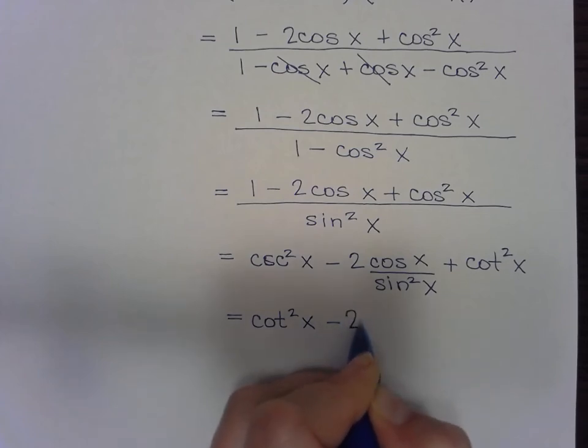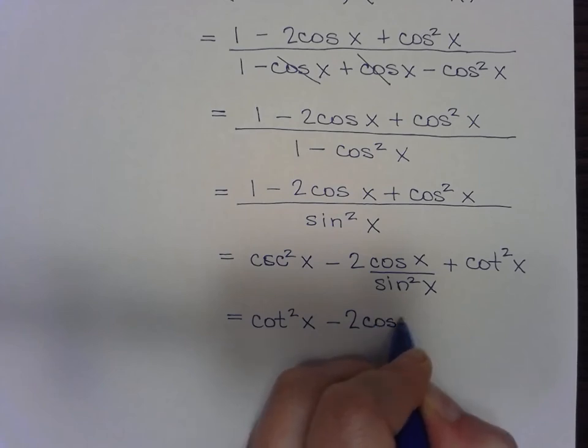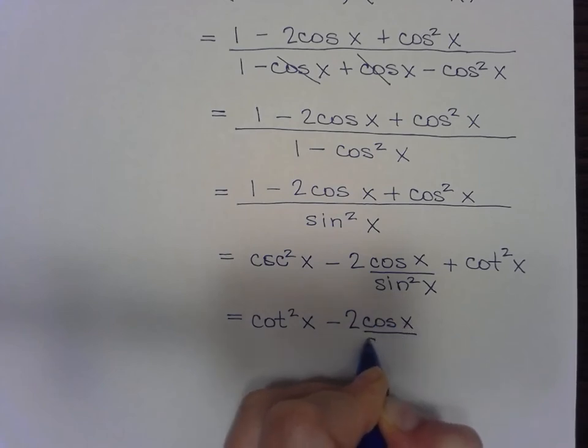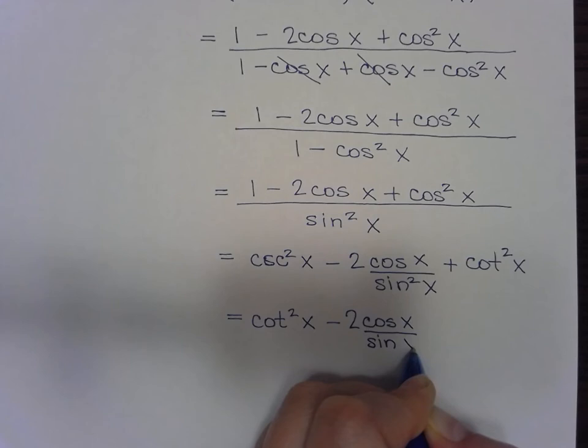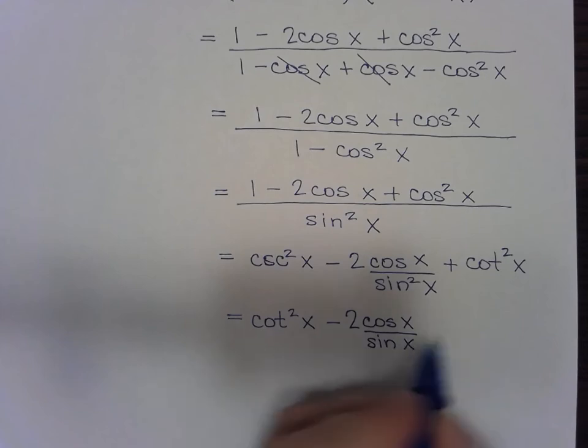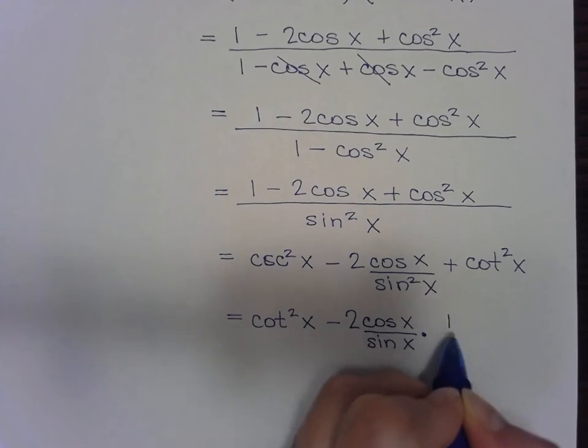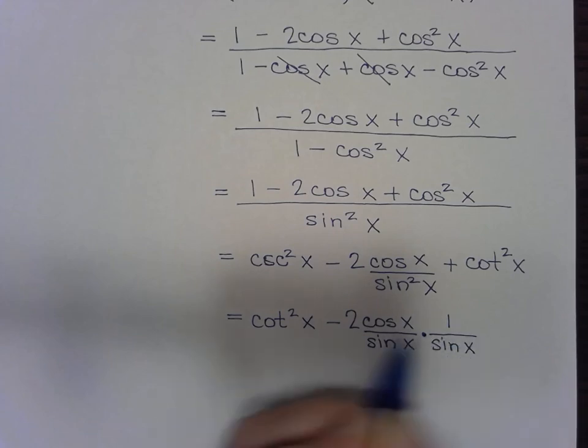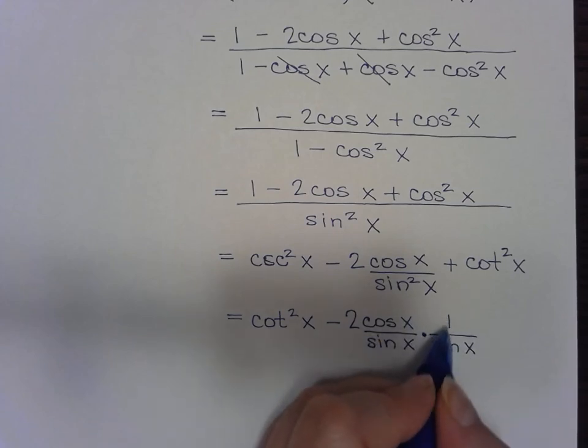So I'm going to write it out in several steps just so that you can see where I'm getting it from. Let's take one of those sines and make it into a fraction with a cosine. That's going to be the cotangent. But we still have one more sine, so let's make it 1 over the sine. 1 over the sine would be the cosecant.